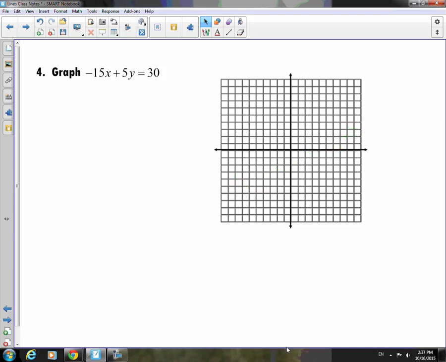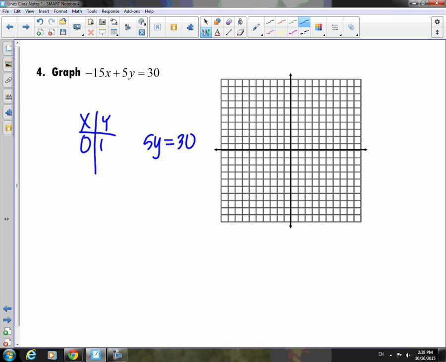Number 4. Make my staggered zeros chart. X, y, plug in 0 for x, making that whole term disappear, so that leaves me with 5y equals 30. So 5 times 6 is 30. Plug in 0 for y, that makes that whole term disappear, and that just leaves negative 15x to equal 30.